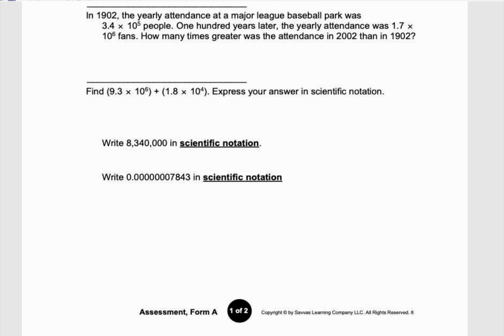Okay, so we are going from 1.7 times 10 to the 6th, and we're dividing by 3.4 times 10 to the 5th. Okay?